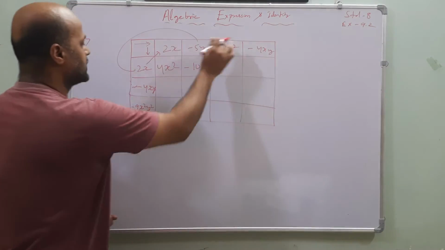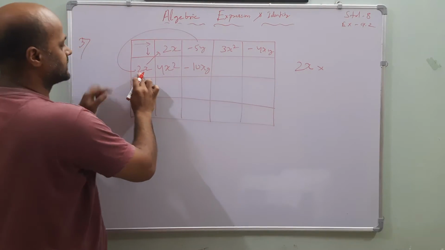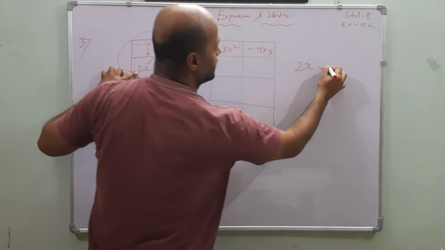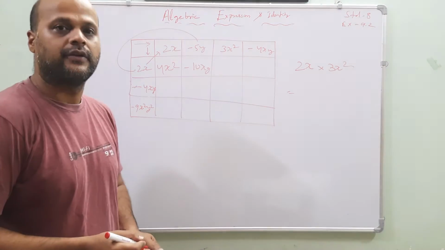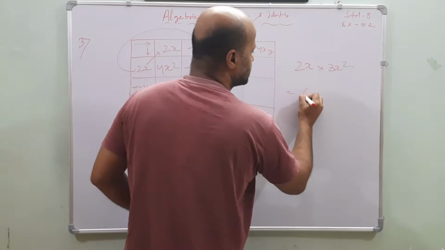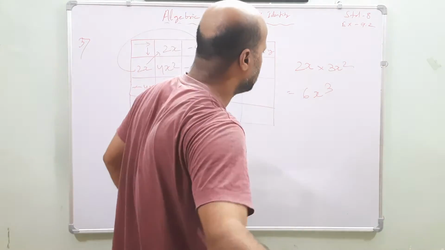Next one, tell me: 2x into 3x square. Very good, Aniket. It is 6x cube. How? Let's elaborate it.